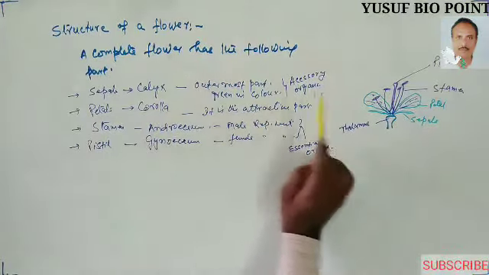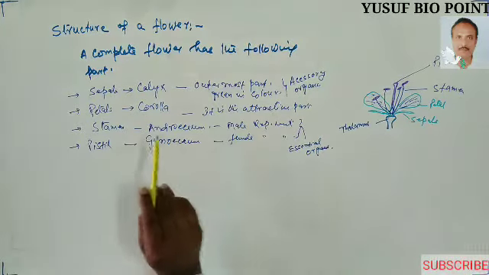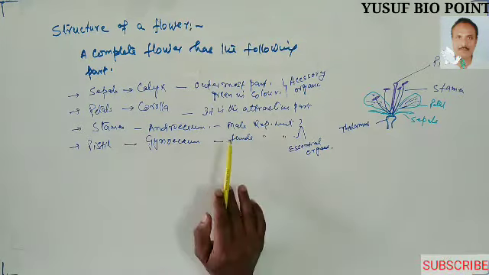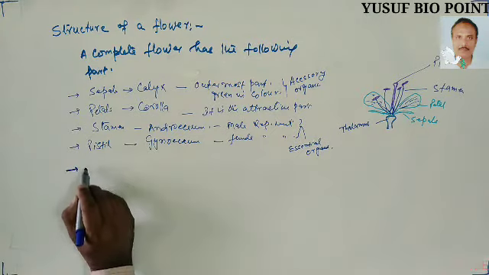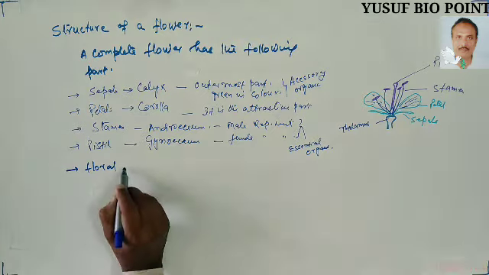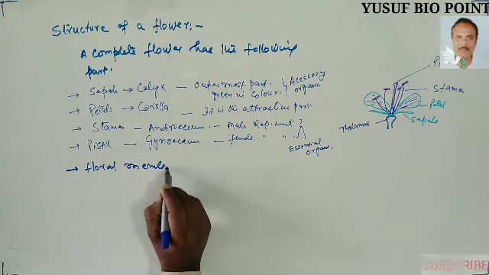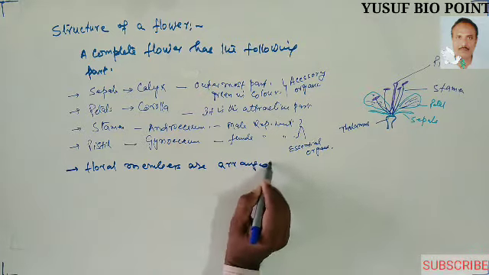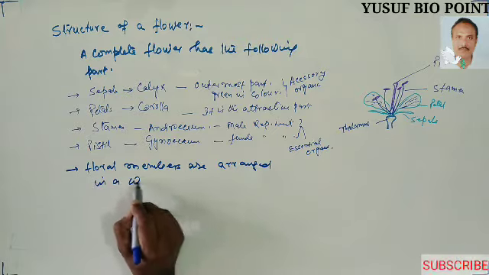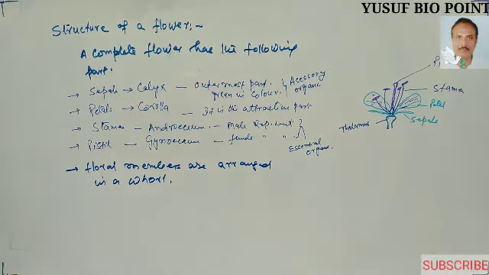The calyx and corolla are called accessory organs, where they help, and the androecium and gynoecium, that both male unit and female unit, are called essential organs. And all these floral members are arranged in a whorl. Now we shall especially mention both male and female reproductive organs, means both stamen and pistil.